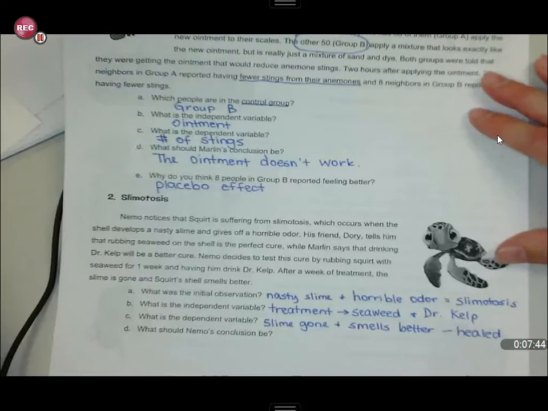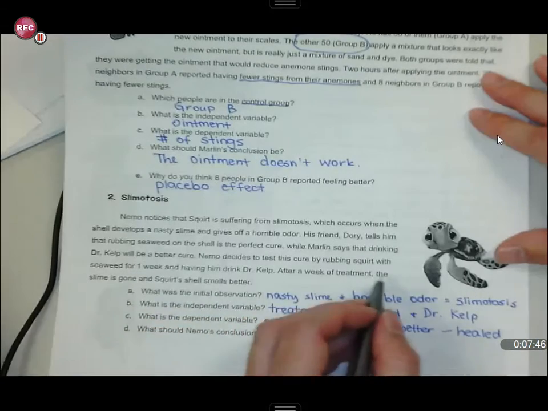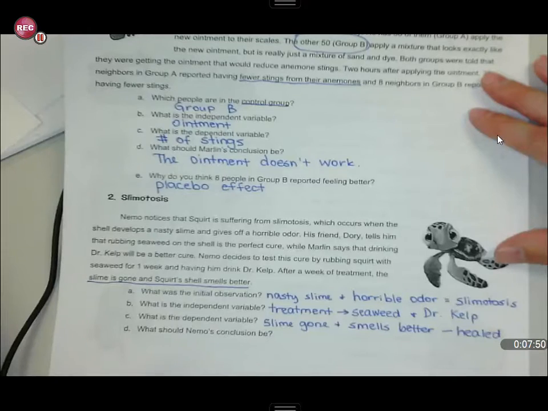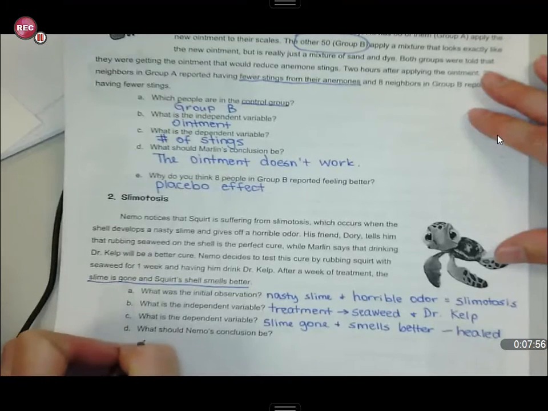What should Nemo's conclusion be? It said that after a week of treatment, the slime is gone and Squirt's shell smells better. So, did the hypothesis work? Is it a good one or a bad one? It is actually going to work.